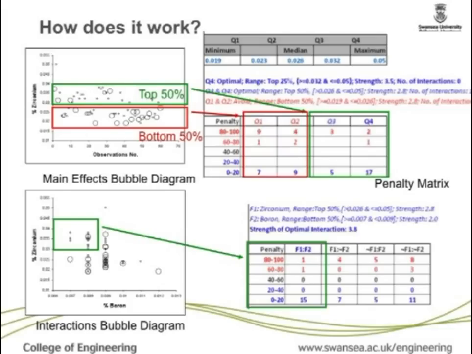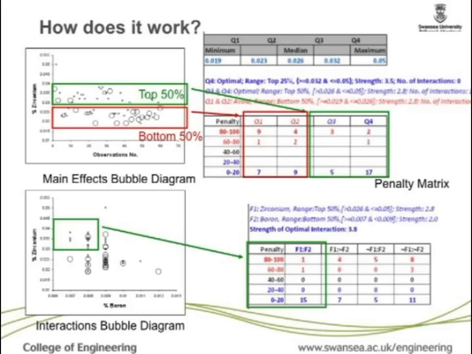And that is interaction. Because what it really says is that if zirconium is in the top 50%, that is this region, and boron is in the bottom 50% region, this is boron, and this is the bottom 50% region, when they occur together, this is the only common area where they can come together.